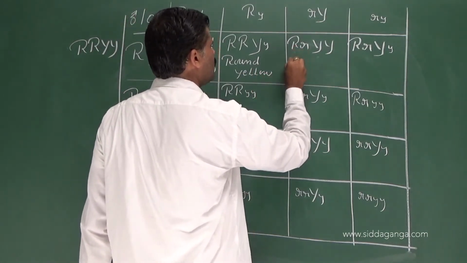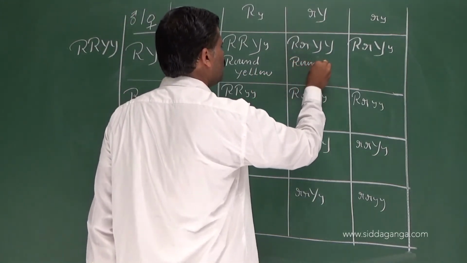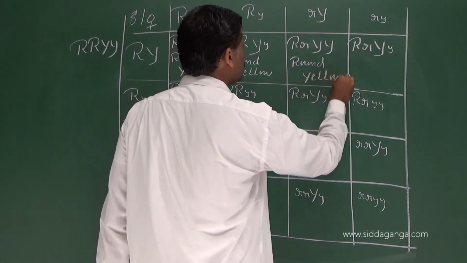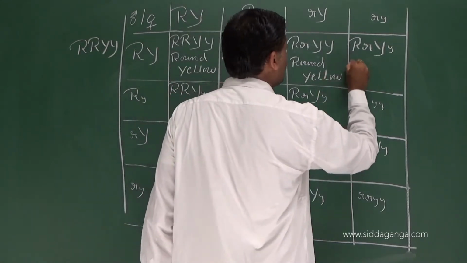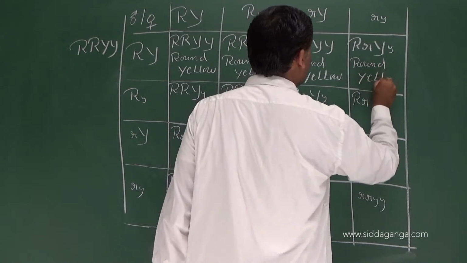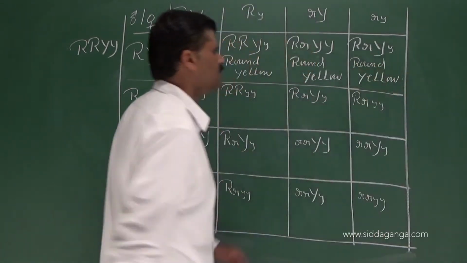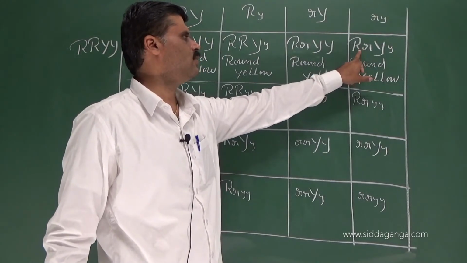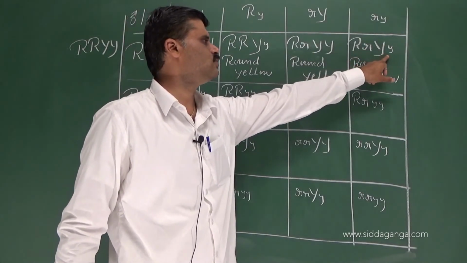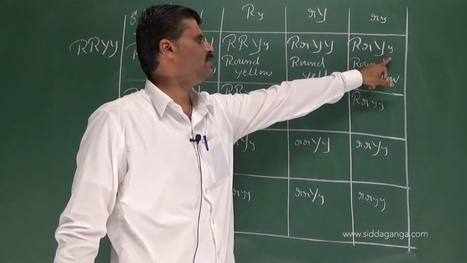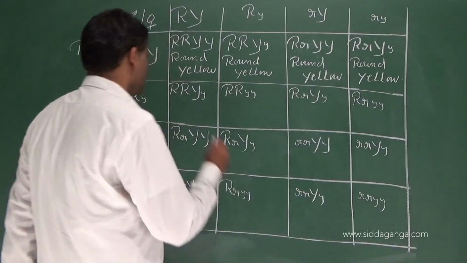Here also round, it's dominant over wrinkled, then here yellow, round, yellow, correct? In these two characters, shape: round is dominant over wrinkled. In the color of the seed, yellow is dominant over green.